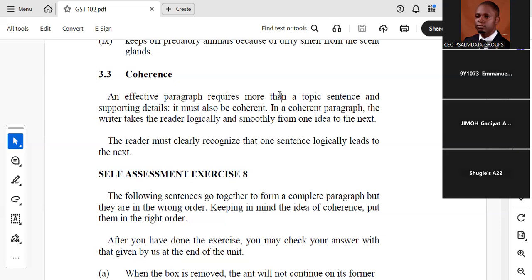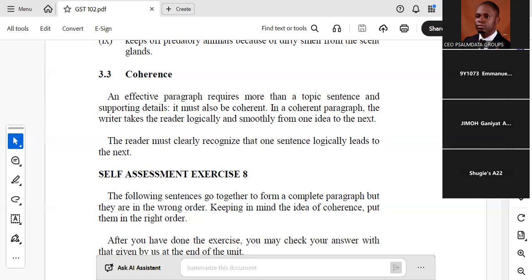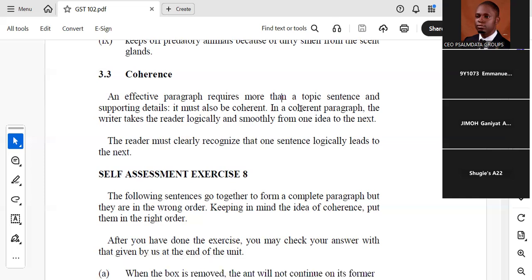All right. It's very simple. It's just like the way you arrange. For instance, assuming I want to write an essay on, let's say, one of these African dishes. Let's say how to prepare egusi soup. You will need coherence to arrange your ideas.